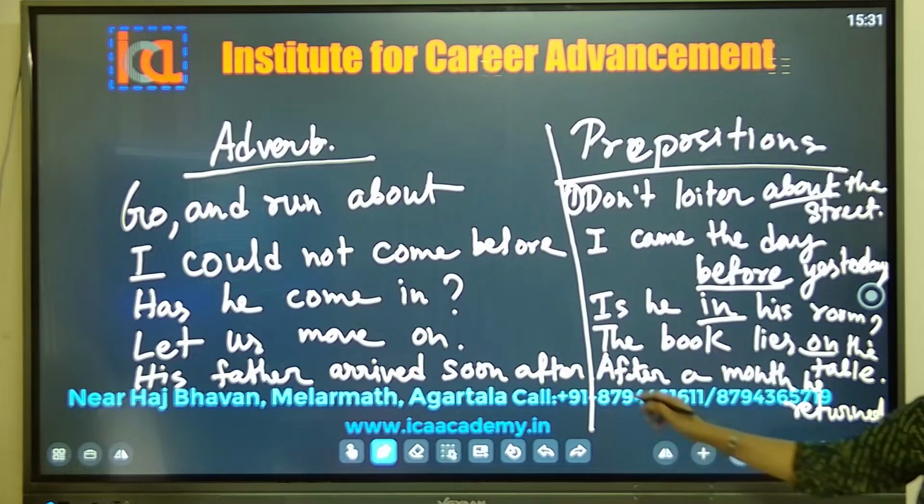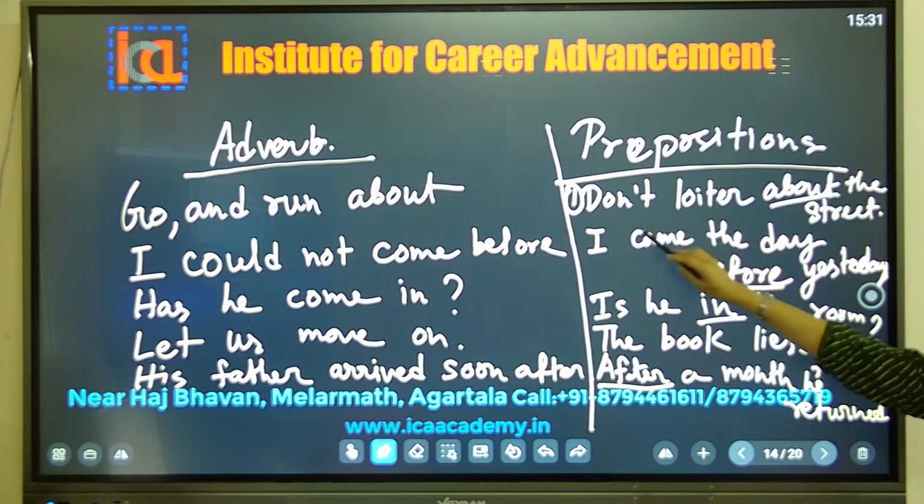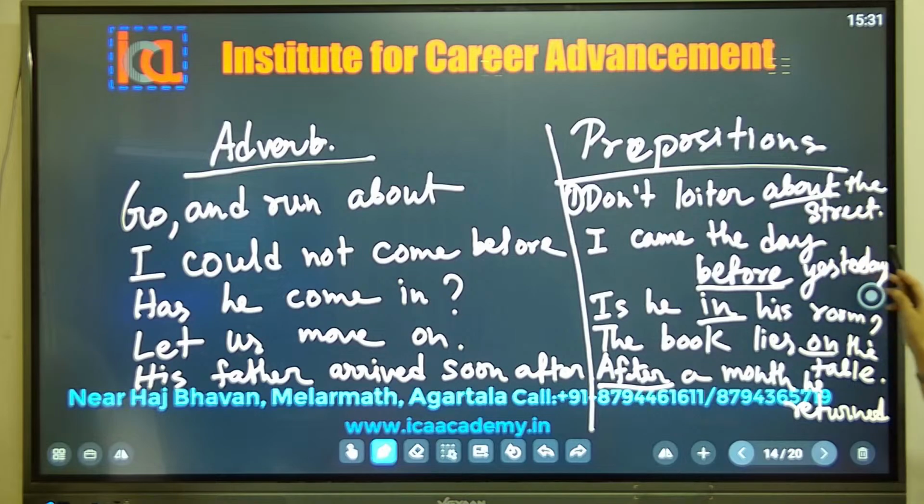Yes, after a month. After here is telling about a position or a kind of time, preposition of time. Okay, so here we have got the preposition. Why will we say these are prepositions? Don't loiter about the street.